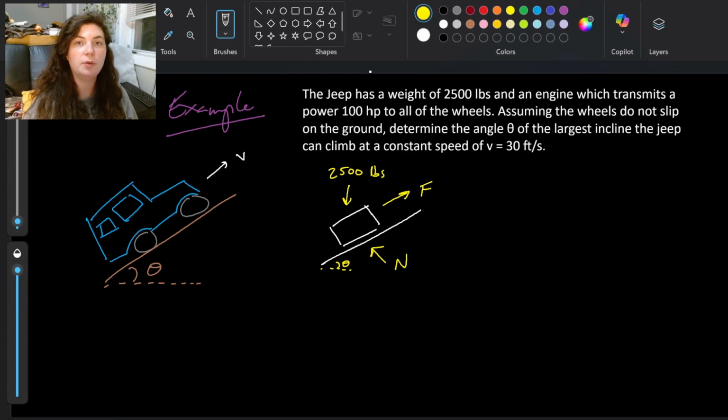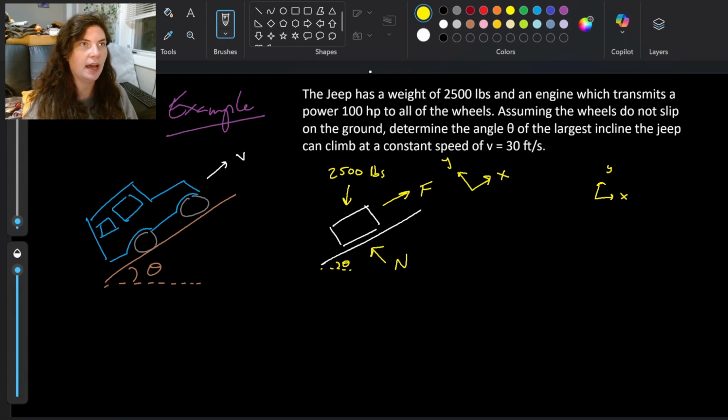Now remember, we can reorient this free body diagram so that our x and y don't have to be the conventional x, y as we usually see it. We can rotate our x and y so that x is in line with our incline, and y is in the normal direction.